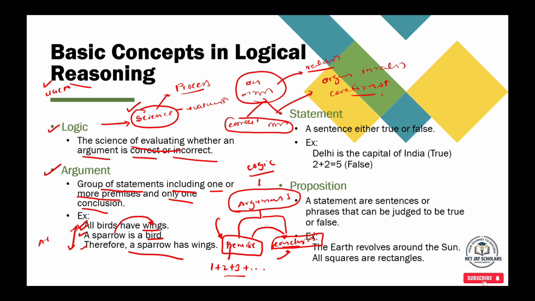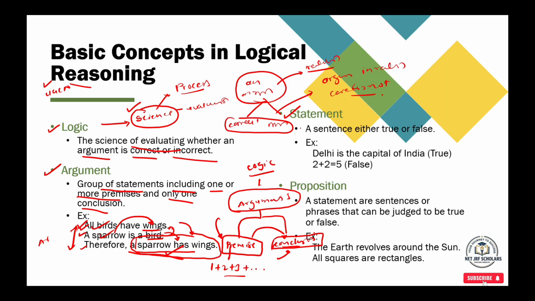So the argument, the conclusion, is that a sparrow has wings. That is supported by all birds have wings. A sparrow is also a bird, so it should have wings. So it is the conclusion supported by these 2 premises.